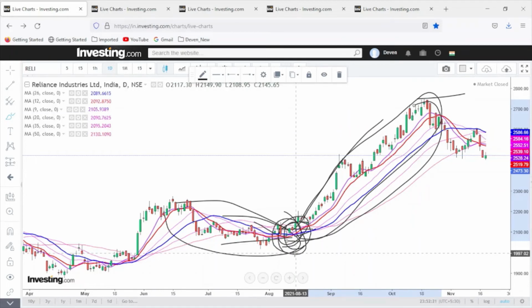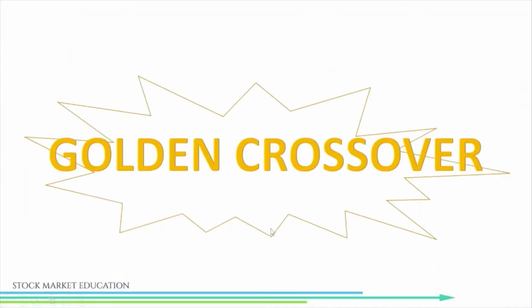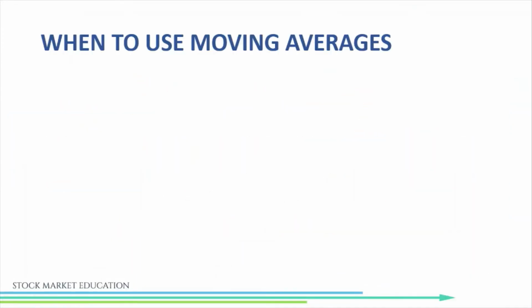So if you're doing a business, or if you're doing a job, and if you want to invest in stocks, you wait for such golden crossovers and try to get those stocks very near to your stop loss, right? So now we have seen this golden crossover. Now when to use the moving averages, there is a very important point. People forget when you should use the moving average.